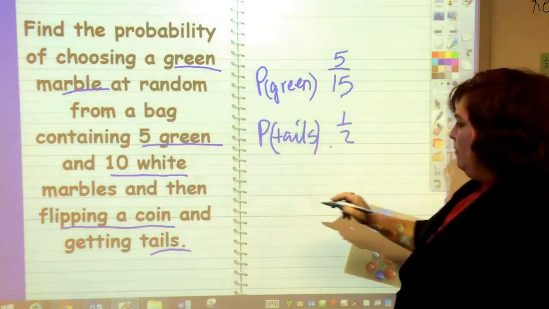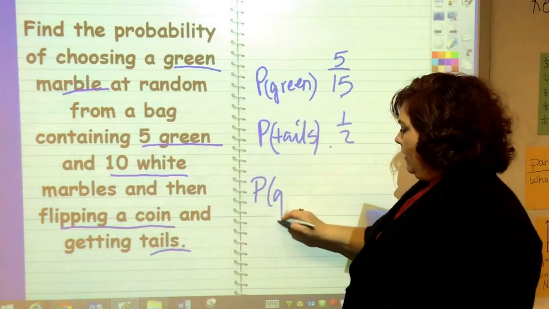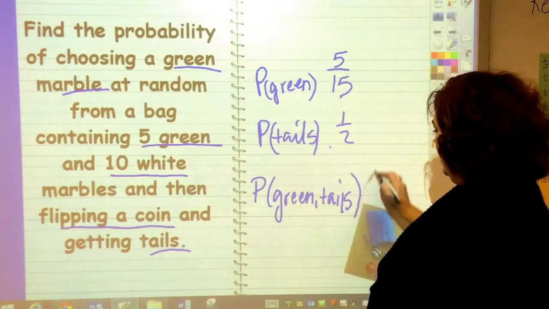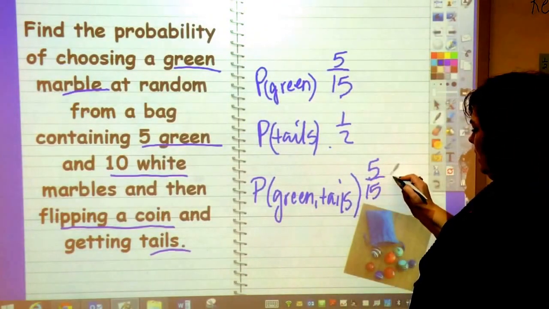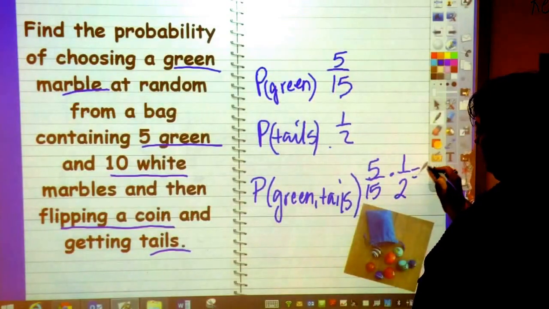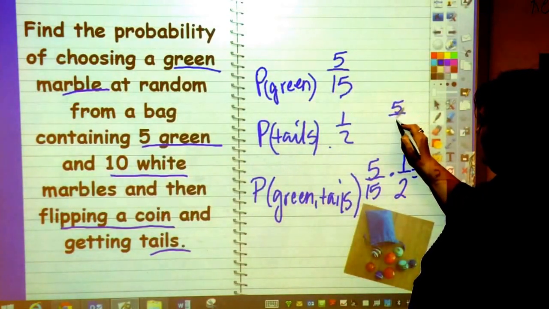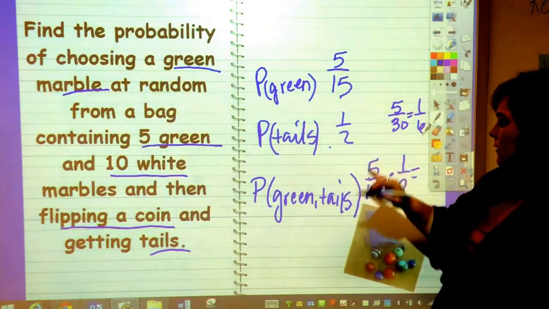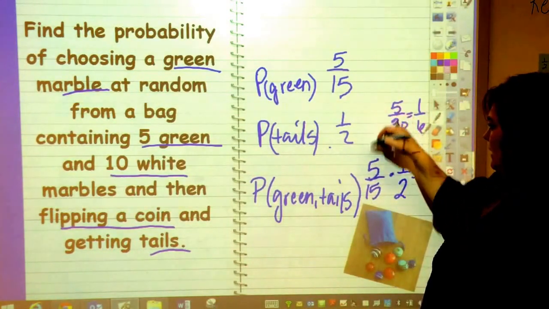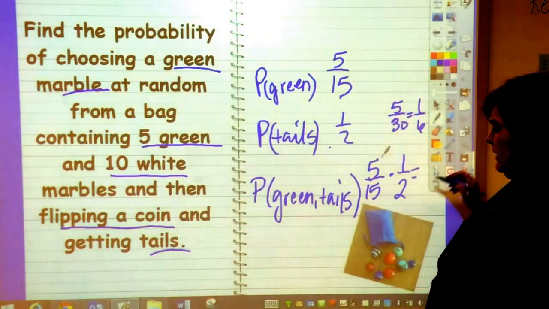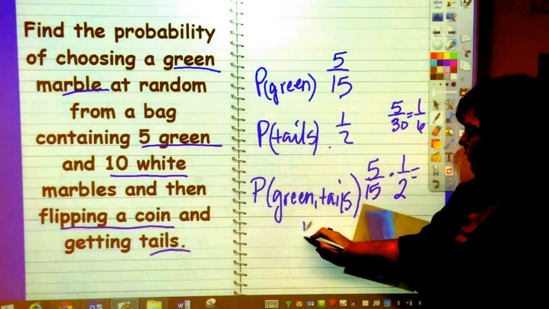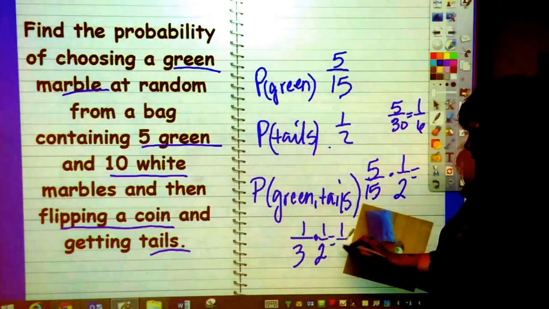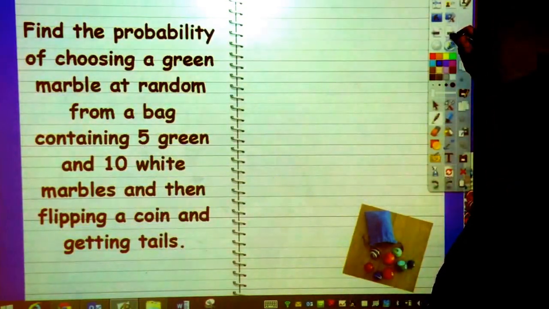So to find the probability of getting green and tails is 5/15 times 1/2. So that's 5/30, which simplifies to 1/6. Now I could have simplified this first and said 1/3 times 1/2 equals 1/6. Either way.